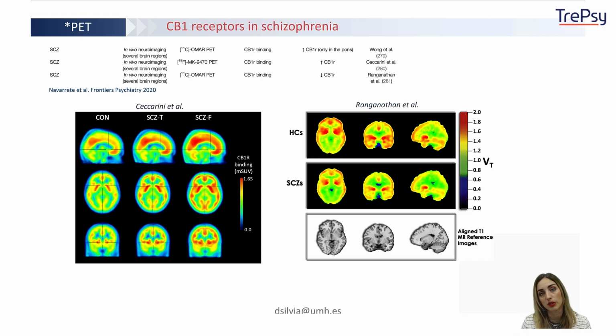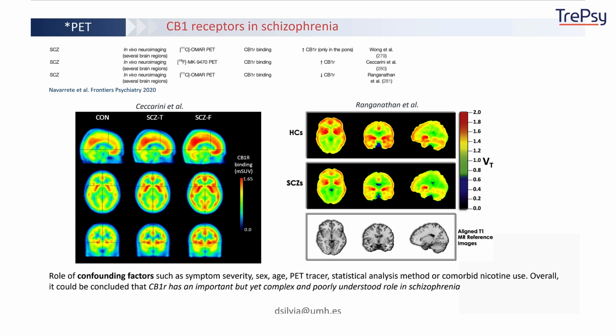We will talk a little bit more about this. Because they can be acquired at the same time if the machine is a PET MRI, or they can be acquired in separate moments and then co-registered through co-registration techniques. But MRI is normally a good complement for PET imaging because PET has a much lower resolution compared to MRI.